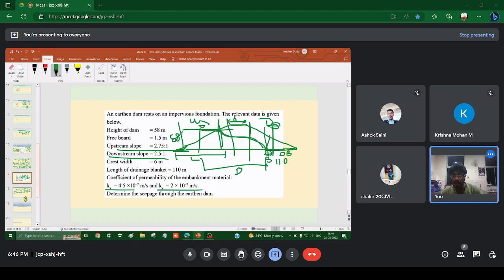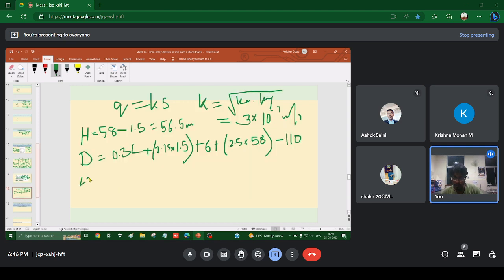So L will be equal to the upstream slope 2.75 into the actual head 56.5, which is equal to 155.38 meter. Putting this formula over here, you find out D.